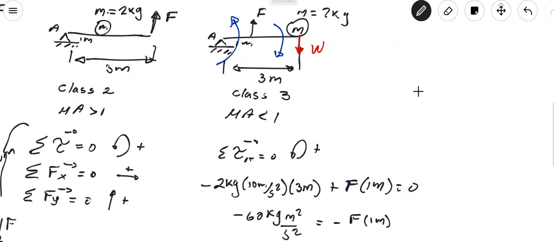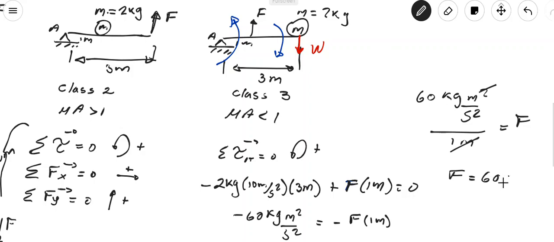So I will divide by 1 meter, so I say 60 kilograms meter squared over second squared divided by 1 meter, that will be my force F. I simplify this meter with this one, so I get basically a force of 60 newtons. So my force here is equal to 60 newtons.